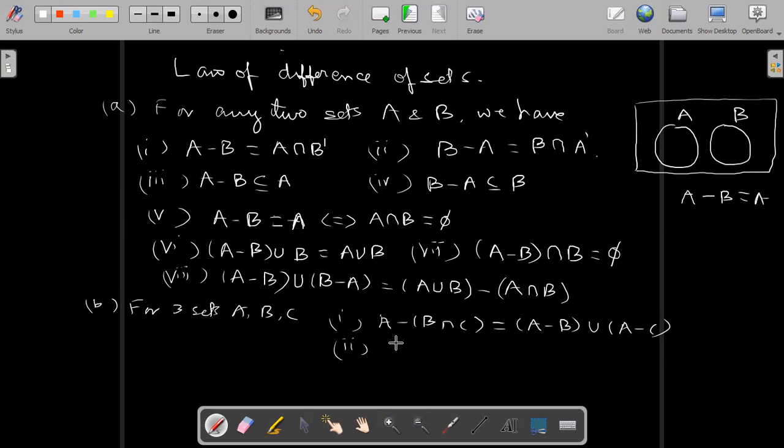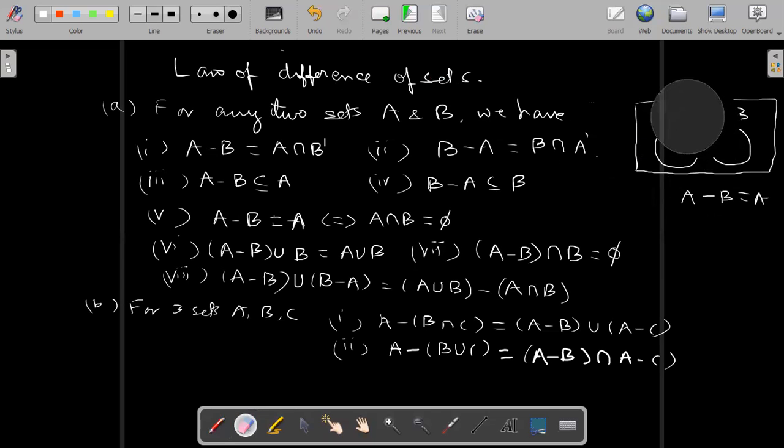Similarly, A minus B union C will become the intersection A minus B intersection A minus C.